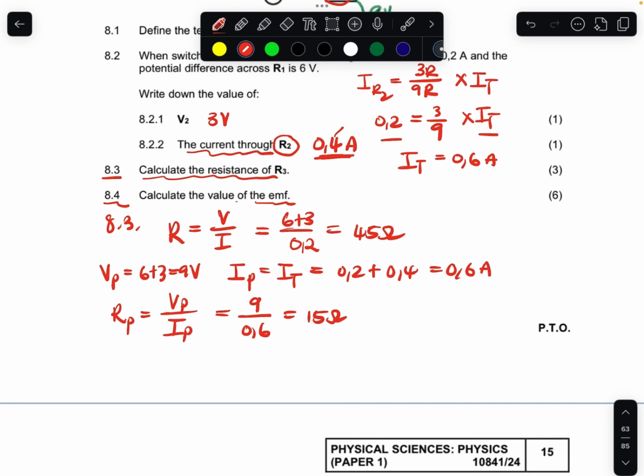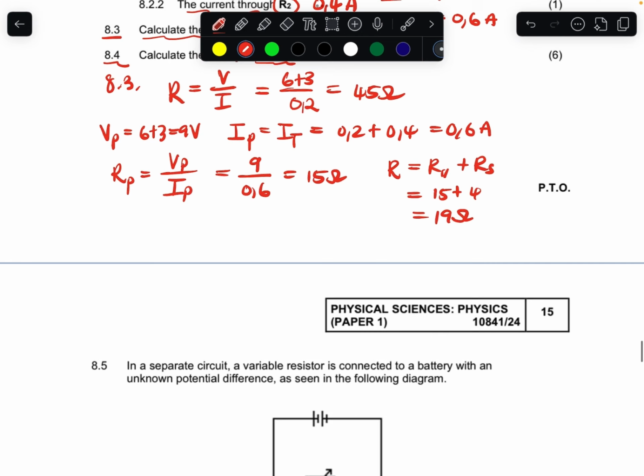What are we going to do with it? We can do the R external. The R external, remember, is R parallel plus R series. R parallel is 15, and R series is 4. That makes 19 ohms. So we can go straight to the formula that says EMF is equal to I times R external plus R internal. So we're looking for the EMF. And the total current, remember, I told you the current that moves in parallel is the same as the total current.